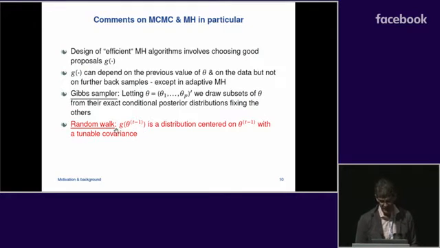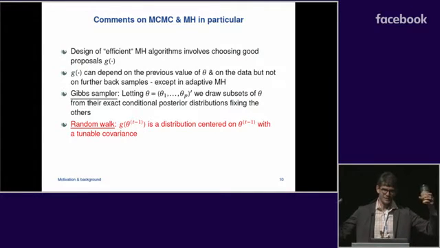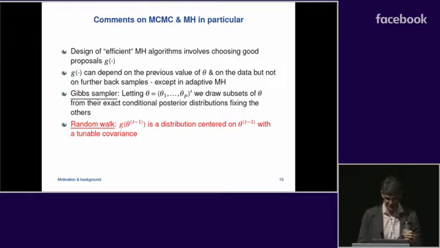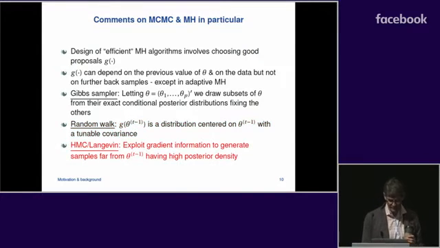Another important special case is what's called a random walk. There we start out sitting at theta t minus 1. We propose a proposal around theta t minus 1, say from a Gaussian distribution, and then we accept or reject. That would be a random walk. There's a quite interesting literature on how scalable these types of random walks are to large dimensional problems.